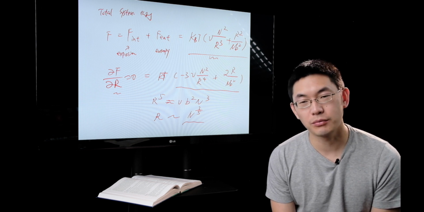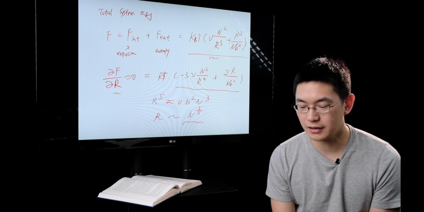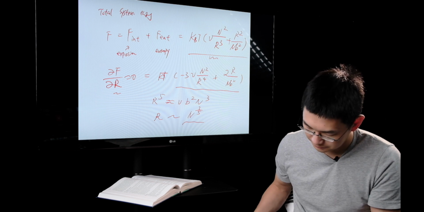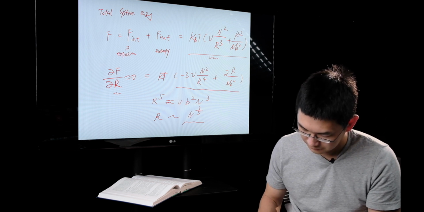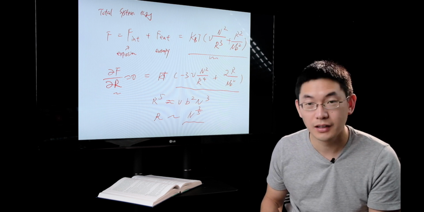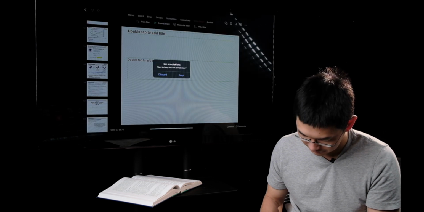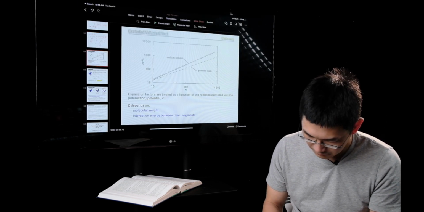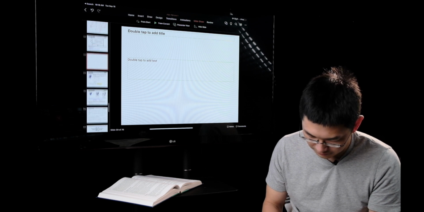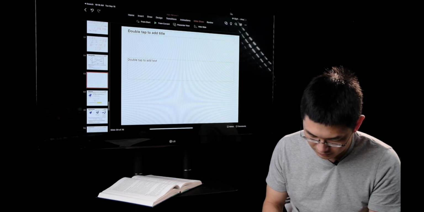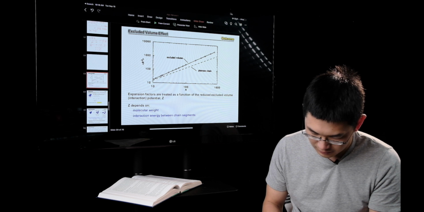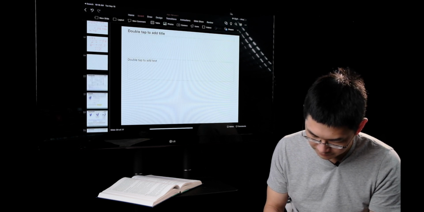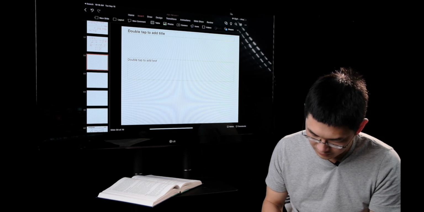In the polymer melt, why does it behave like an idealized chain? Anyone want to give it a thought? Anyone want to give it a try? We can also think along the two forces we just discussed, in terms of repulsive force and attractive force.